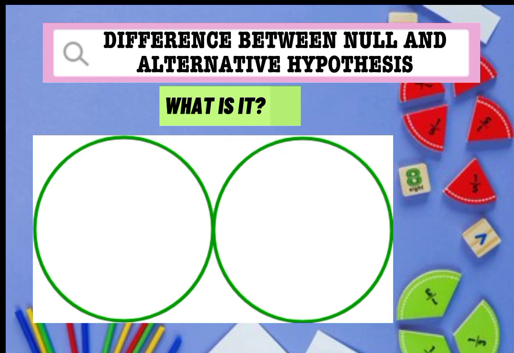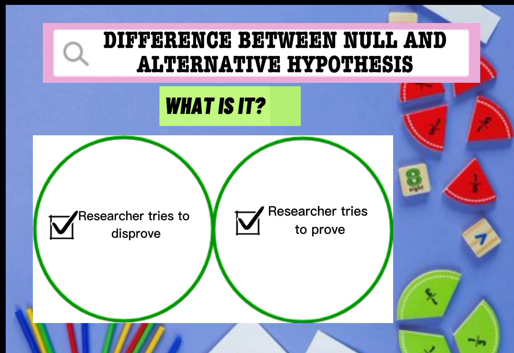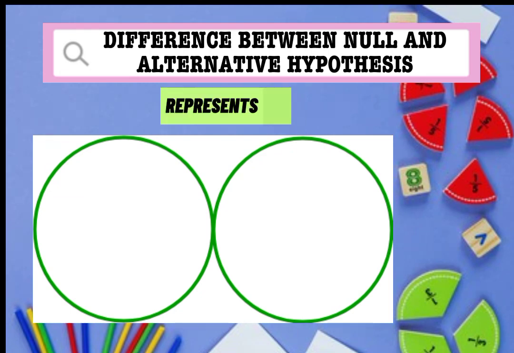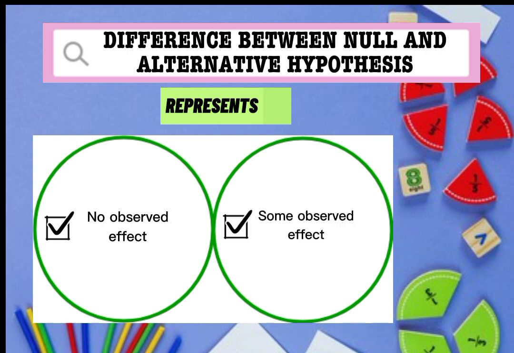Two, what is it? A null hypothesis is what the researcher tries to disprove, whereas an alternative hypothesis is what the researchers want to prove. Three, represents: a null hypothesis represents no observed effect, whereas an alternative hypothesis reflects some observed effects.